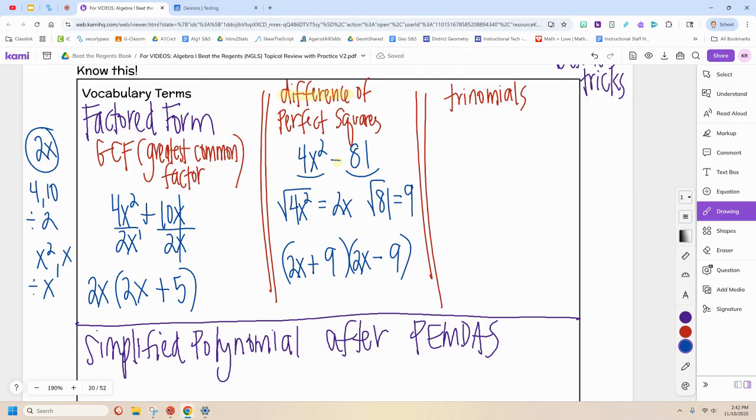And that's why you only get this binomial up here when you multiply these two binomials together. So the factored form of 4x squared minus 81 is equivalent to 2x plus 9 times 2x minus 9.